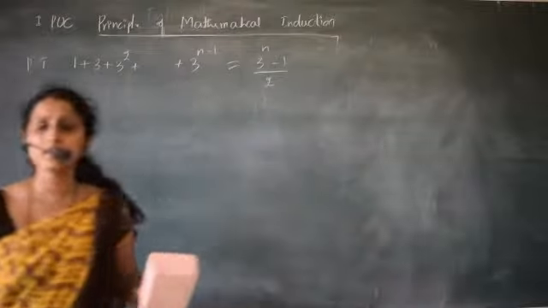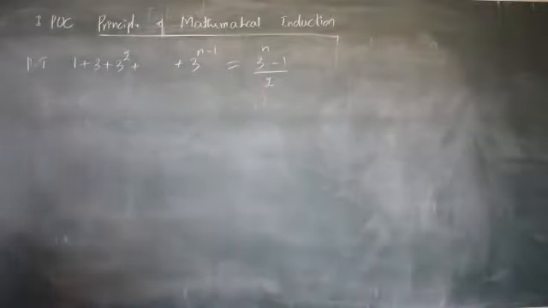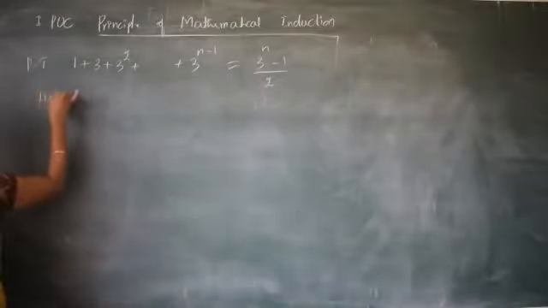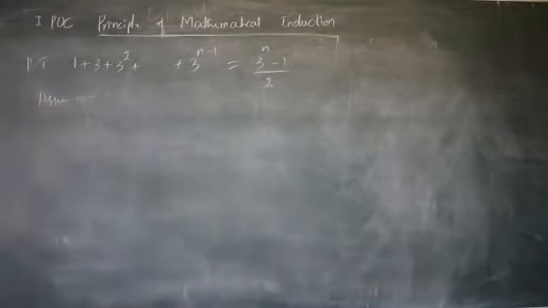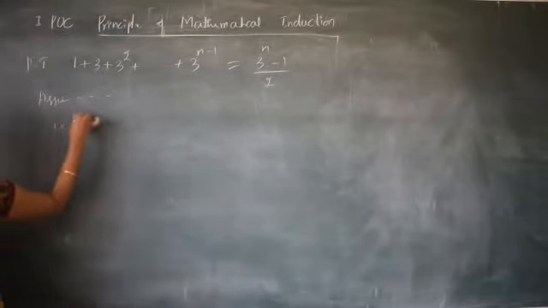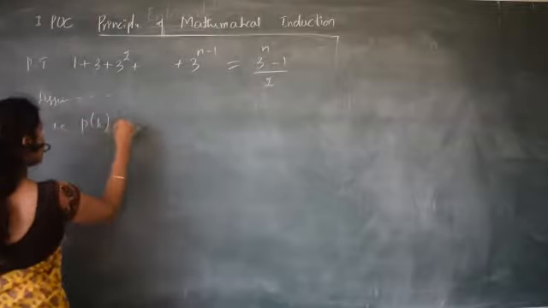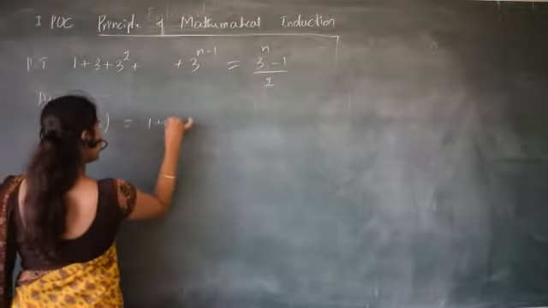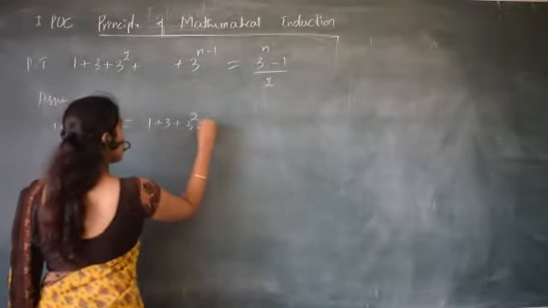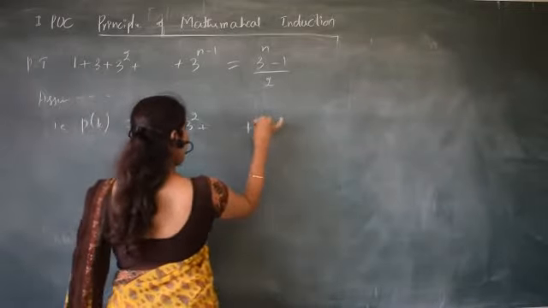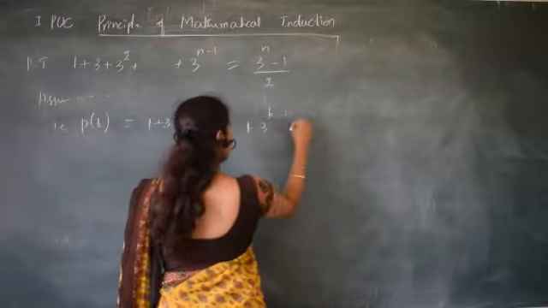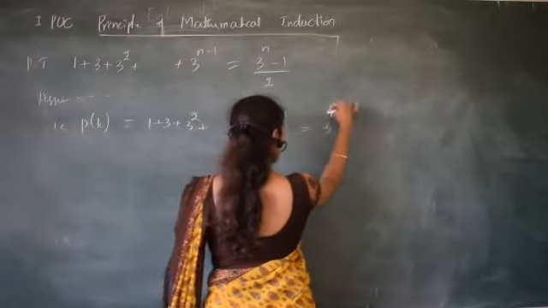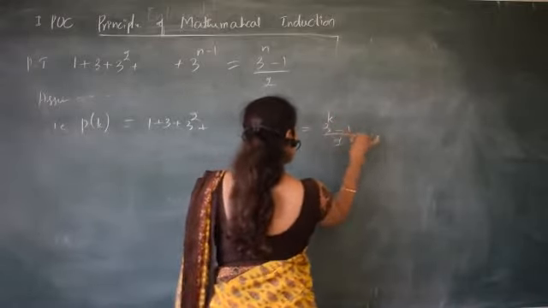So you write the sentence: assume that the given statement is true for some positive integer k, that is P of k is equal to 1 plus 3 plus 3 square, and so on up to 3 to the power k minus 1, is equal to 3 to the power k minus 1 divided by 2.